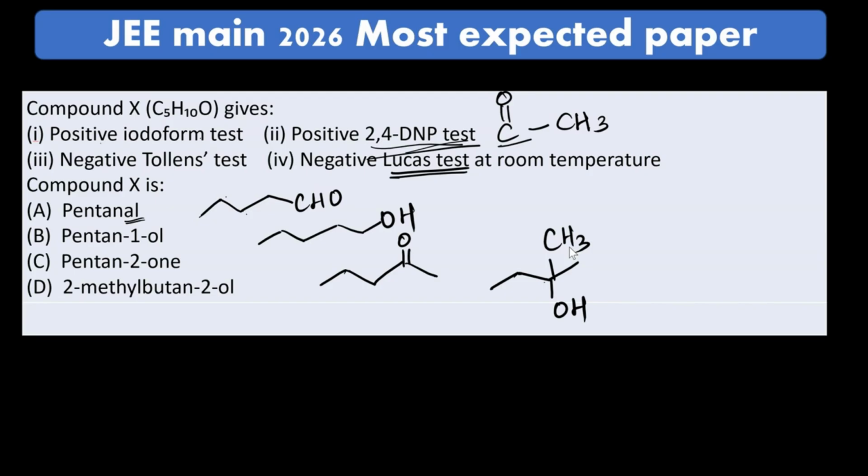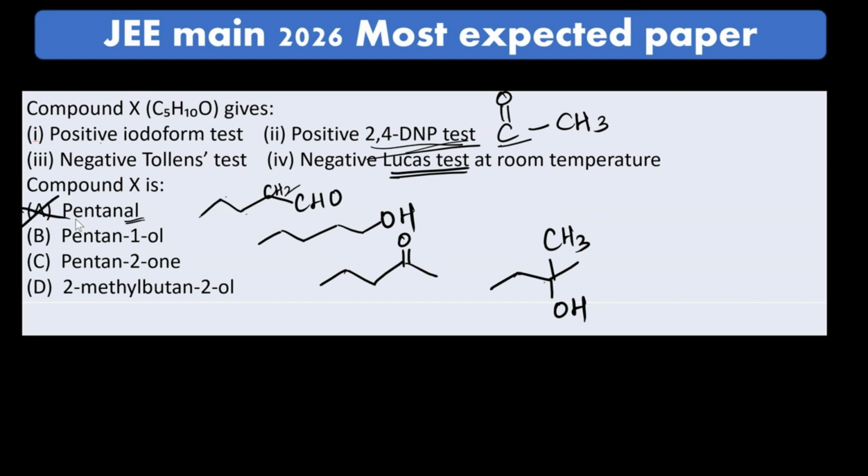So which could be our answer? You can take, let's say, let's start from the first one. Pentanal, will that give positive to iodoform test? Definitely not. That is having only CH2 group over there. So we can easily eliminate that.